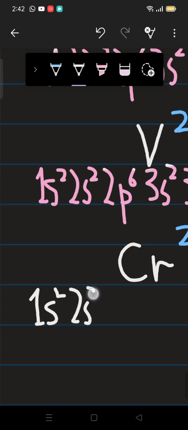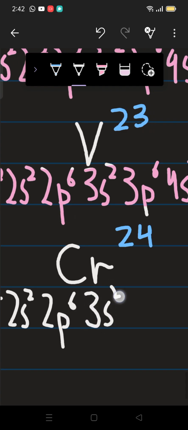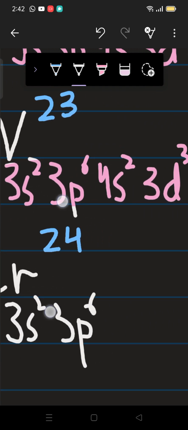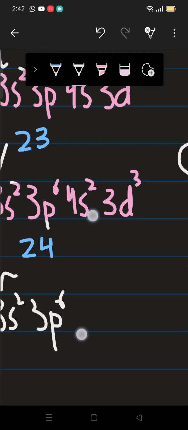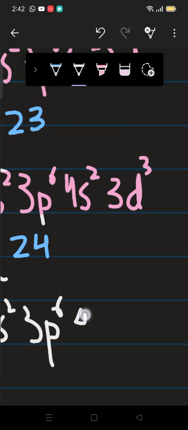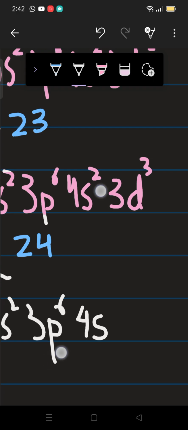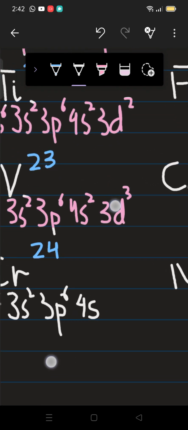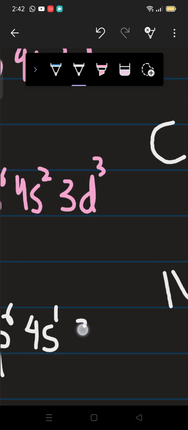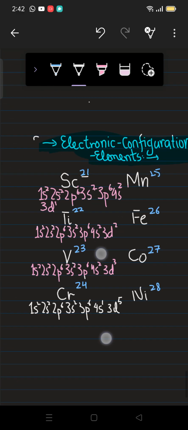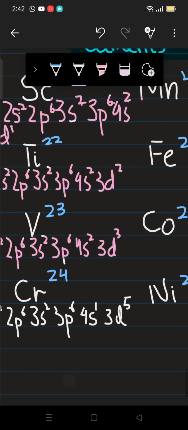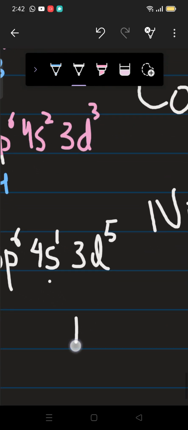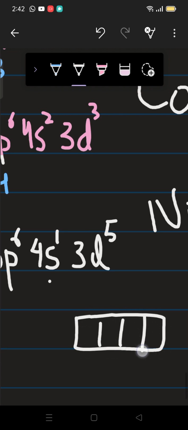1s2, 2s2, 2p6, 3s2, 3p6, 4s1 and 3d5. We have just reduced one electron from 4s because we know that in d we have 5 orbitals.